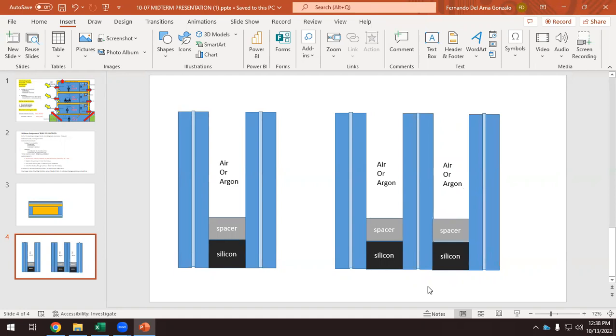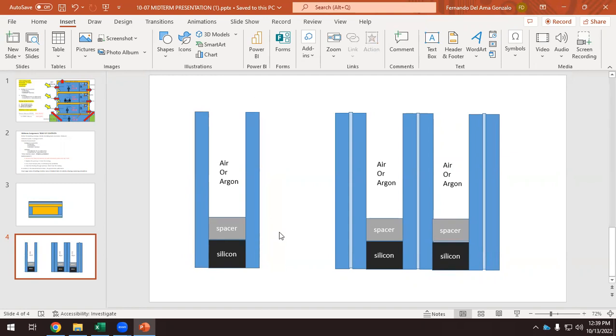And both are laminated. If we want a non-laminated double glazing, then we remove this and this, and that will be a non-laminated double glazing. This is a laminated triple glazing.